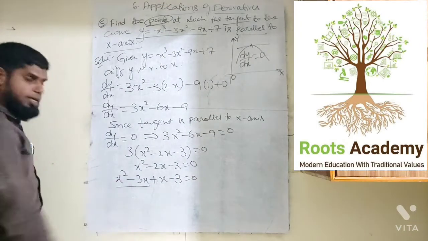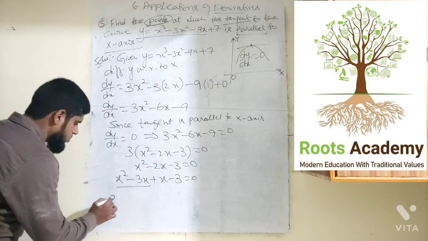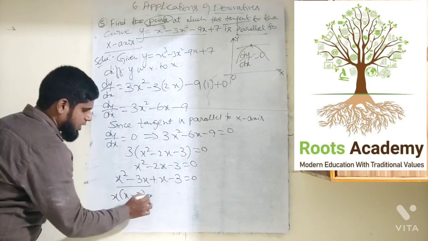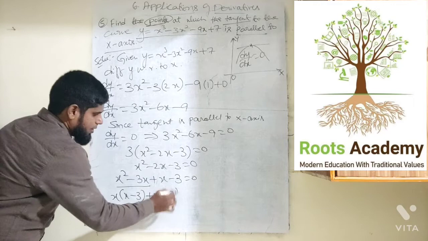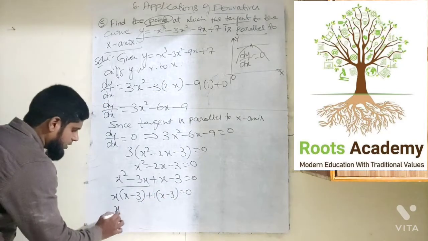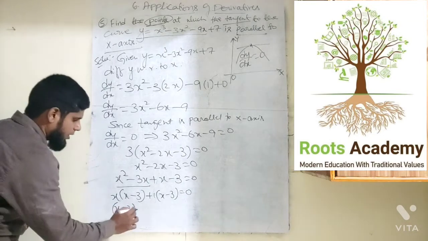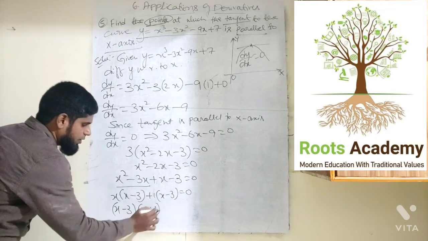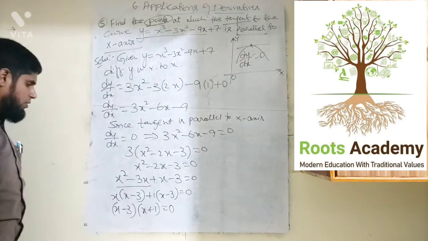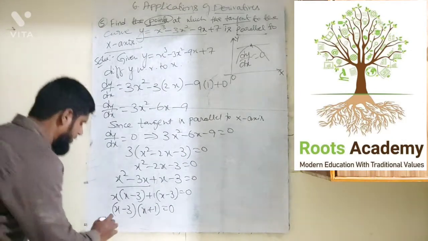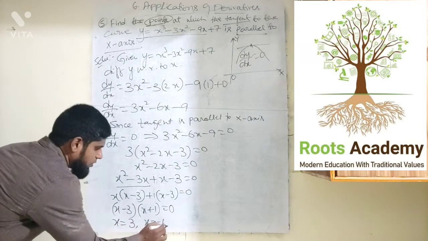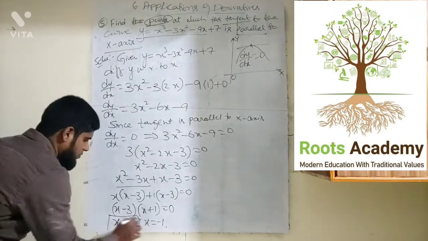So I can take x common in these two: x times x minus 3, plus 1 times x minus 3 is equal to 0. So x minus 3 is common here, and x is left out, plus 1 is equal to 0. So the final values of x here are x is equals to 3 and x is equals to minus 1.